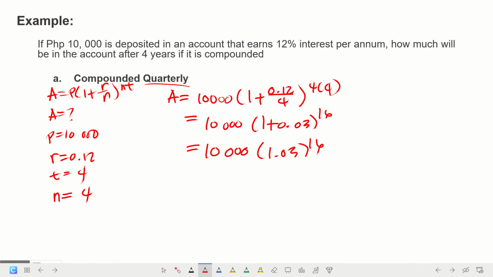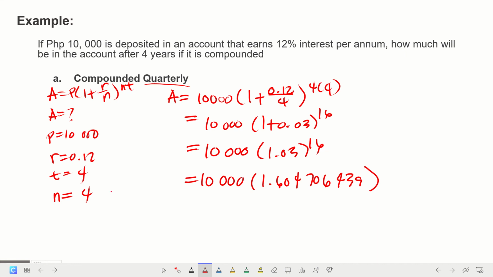So 1.03 raised to 16 is equal to 1.604706439 times 10,000.